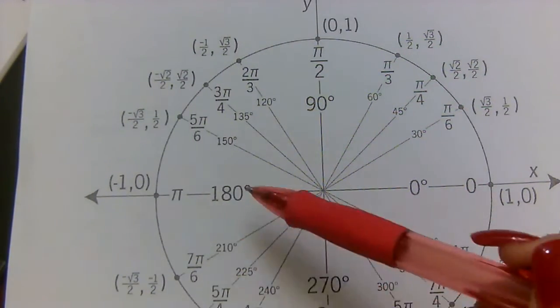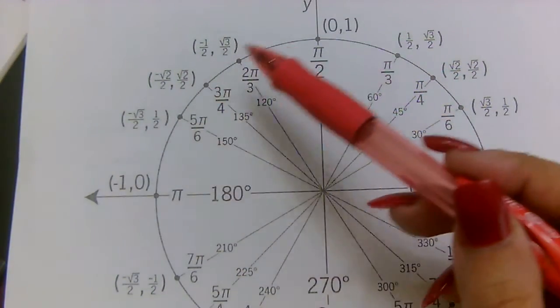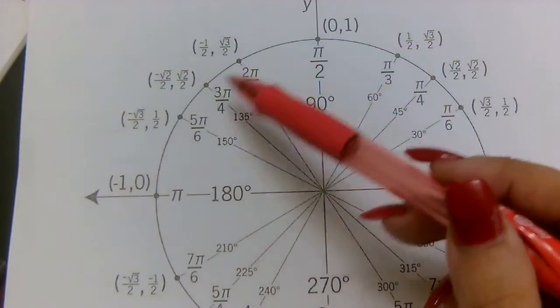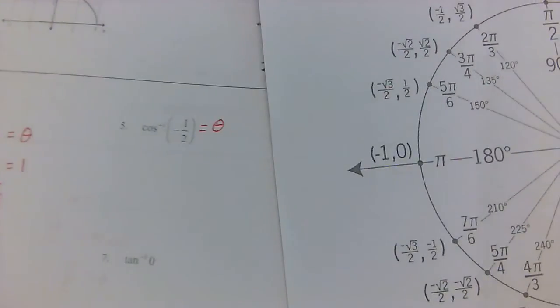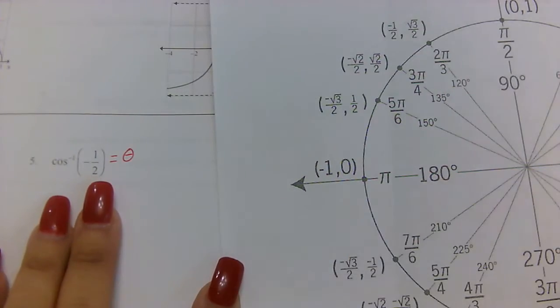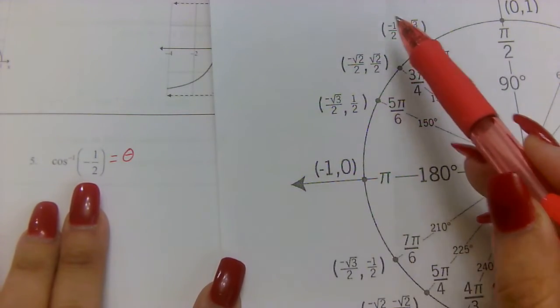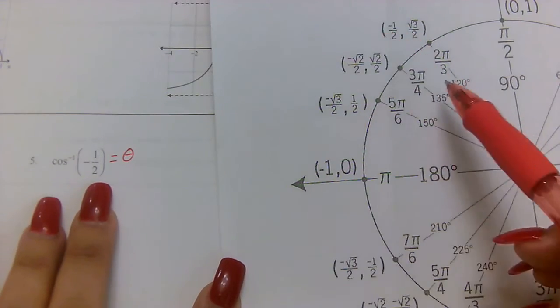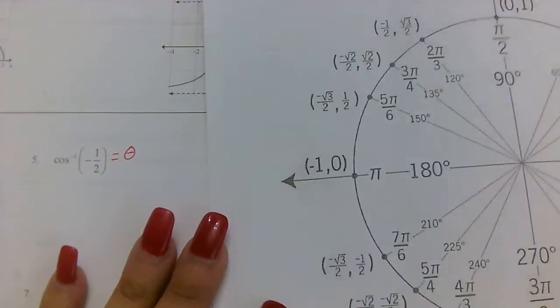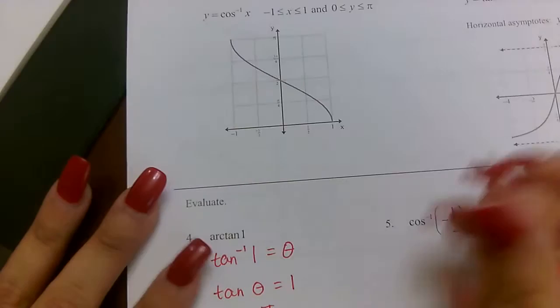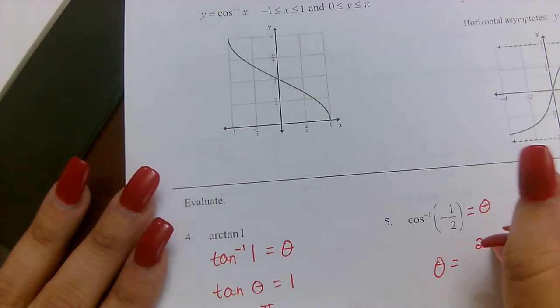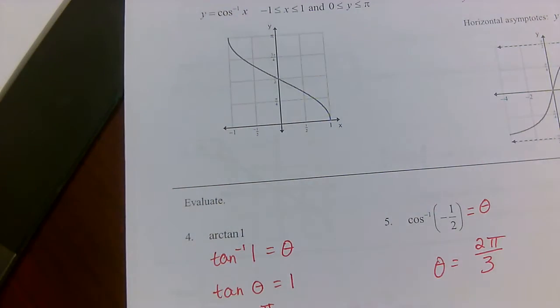Because we never use quadrant 3, we're only going to use the values in quadrant 2. Going back here, we're saying x has to be negative 1/2. X is negative 1/2 at 2 pi over 3. So we're going to say theta is 2 pi over 3.